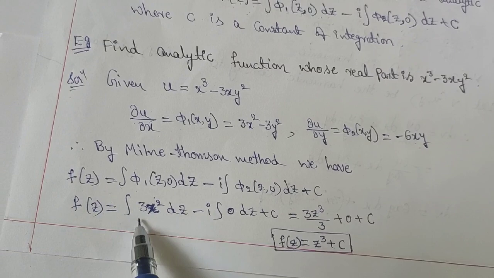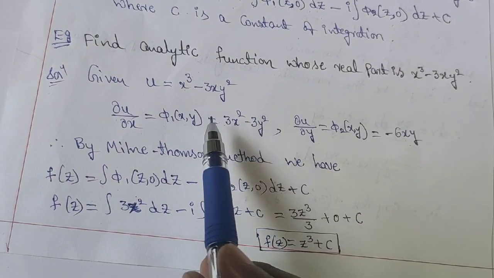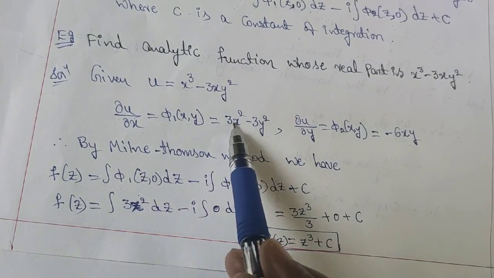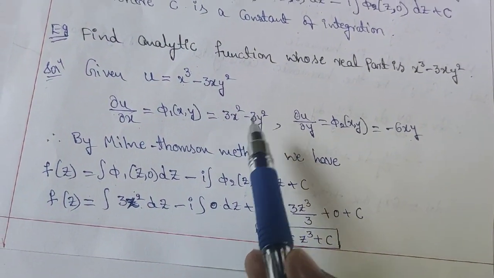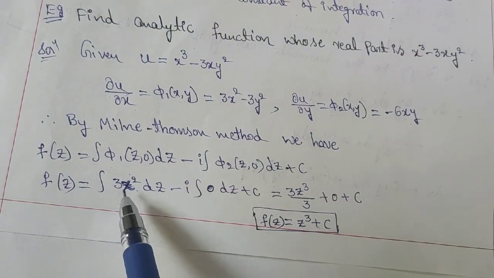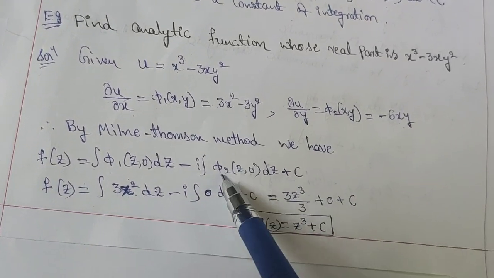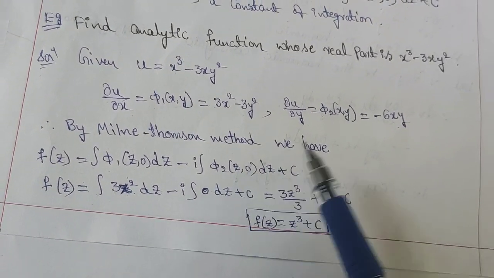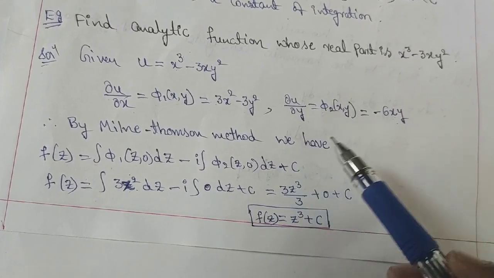Replacing x by z and y by 0, phi 1 of (z, 0) is 3z square dz, minus i times the integral of phi 2 of (z, 0).